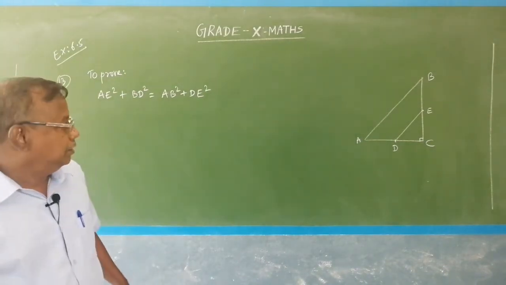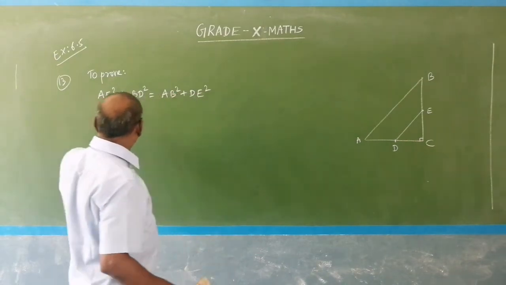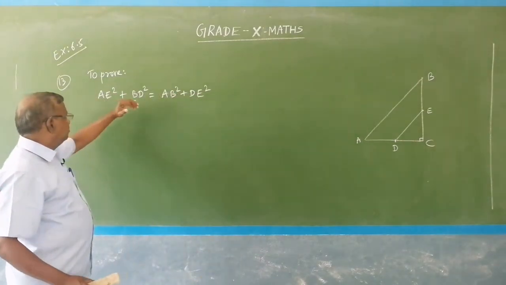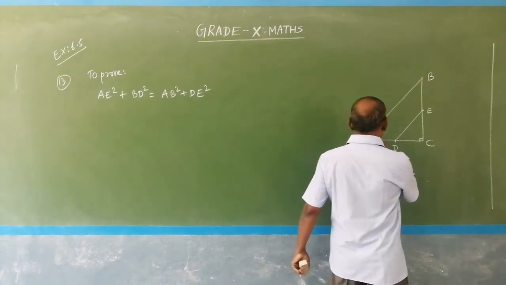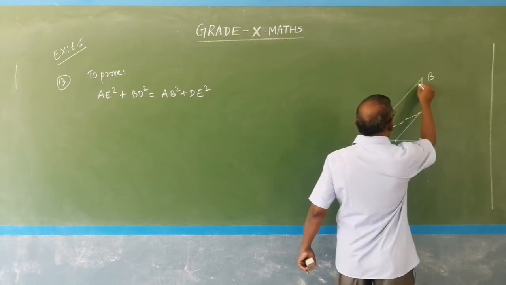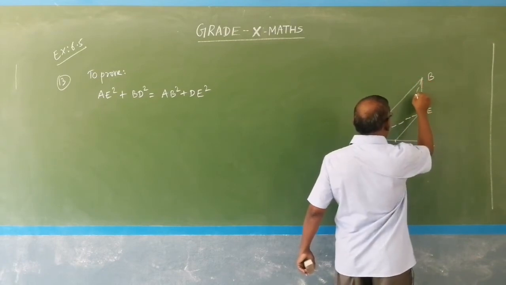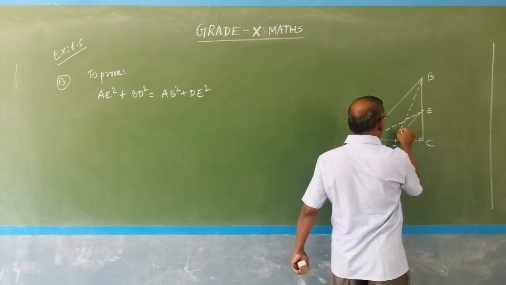Let us join DE. In the LHS they are given AE square plus BD square, so we have to join AE, and join BD also.